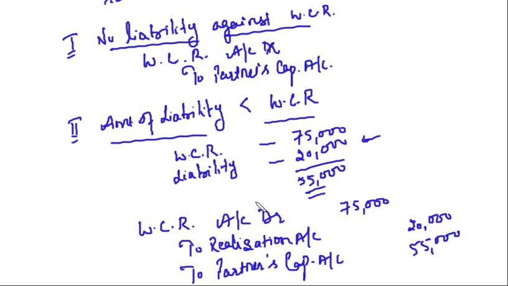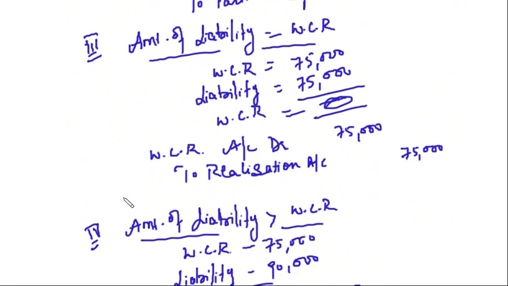Then if the amount of liability is less than workmen compensation reserve, the amount of liability will be transferred to realization account and the remaining reserve will be transferred to partners' capital accounts. Clear? Then amount of liability is equal to workmen compensation reserve. Then the whole amount of liability and reserve will be transferred to realization account.